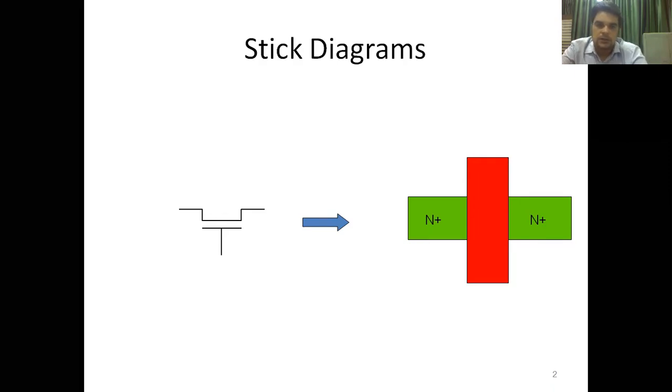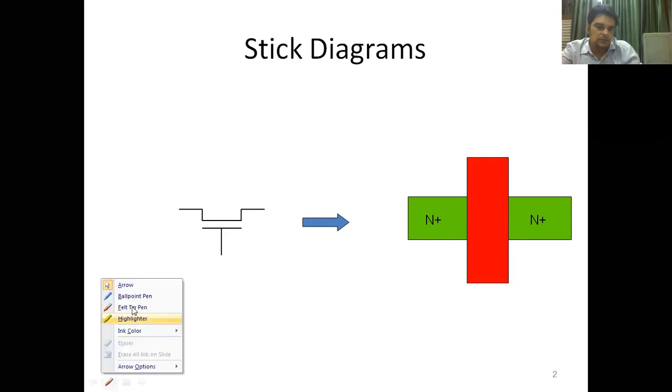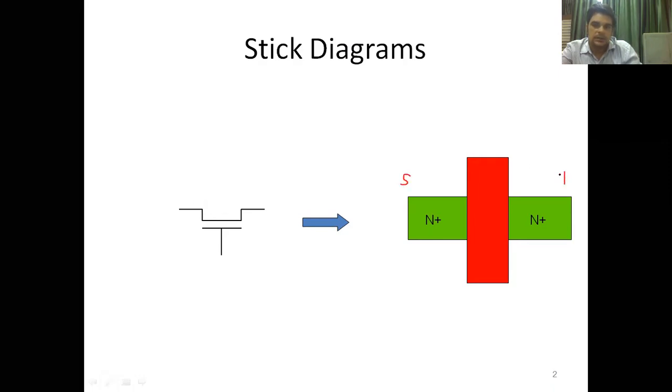Okay, so this represents the source terminal. This represents the gate terminal. Whenever the polysilicon gate runs over the diffusion line, we have a layout structure like this.